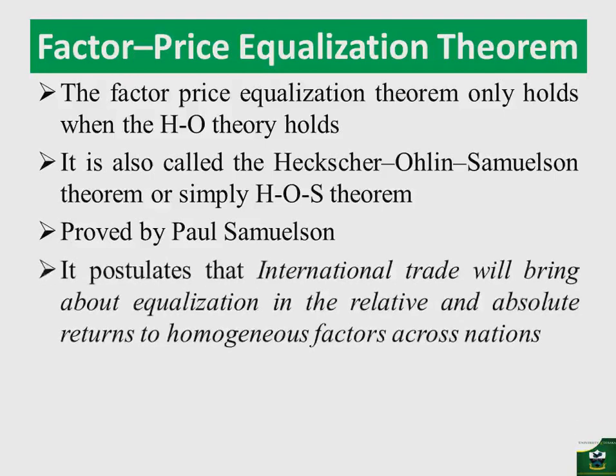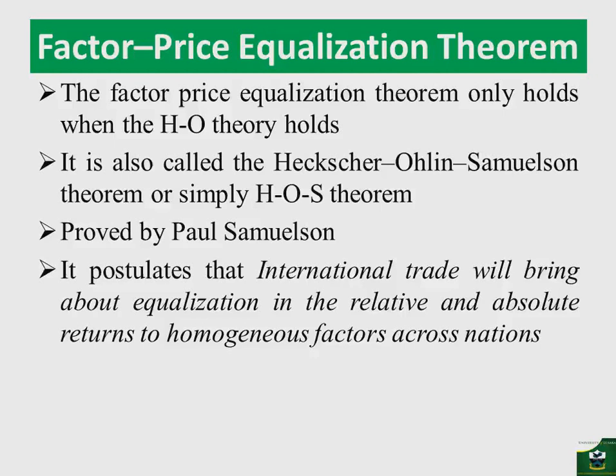Now, this theorem postulates that international trade will bring about equalization in the relative and absolute returns to homogeneous factors across nations. What this means is that factor prices will be equalized because international trade will be a substitute for international mobility of factors.